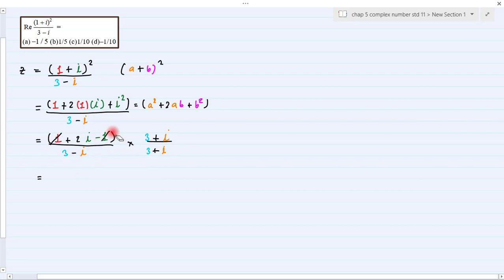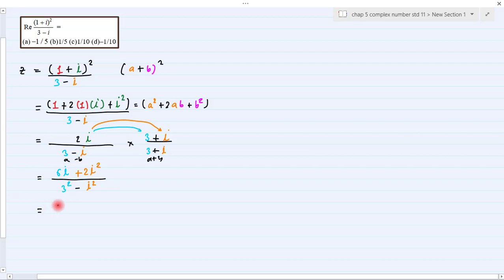So let's just ignore this minus 1 and plus 1. Now your 2i multiplied with 3 will give us 6i, and 2i multiplied with i will give us 2i square. In the denominator we have a minus b and a plus b, which will give us a square minus b square, or we can say 3 square minus i square.